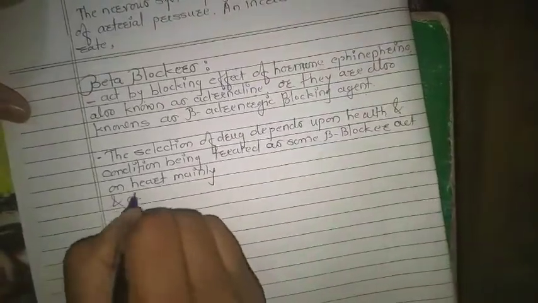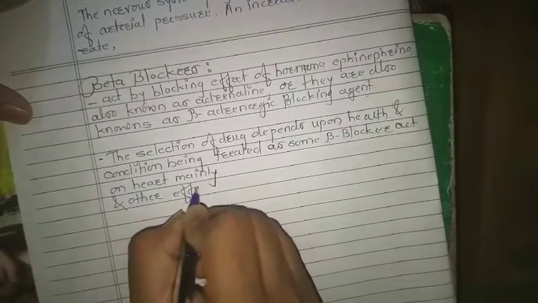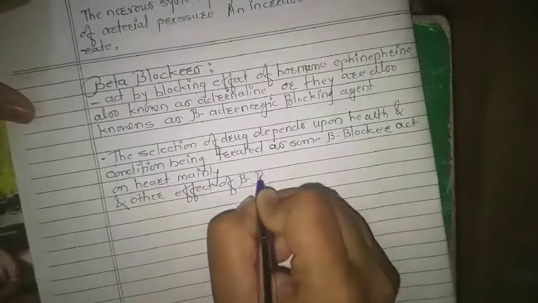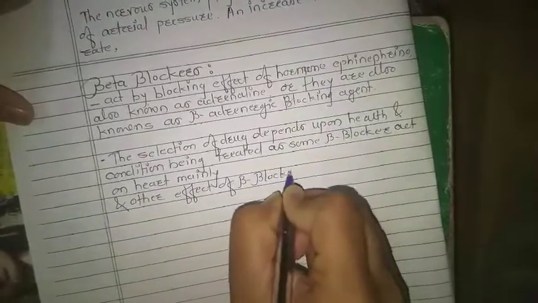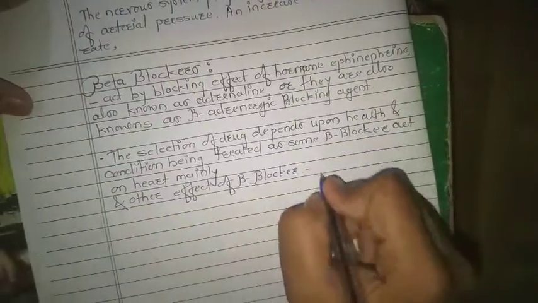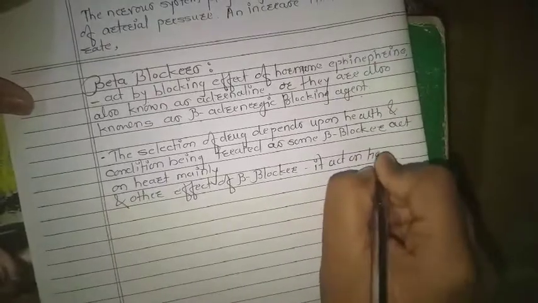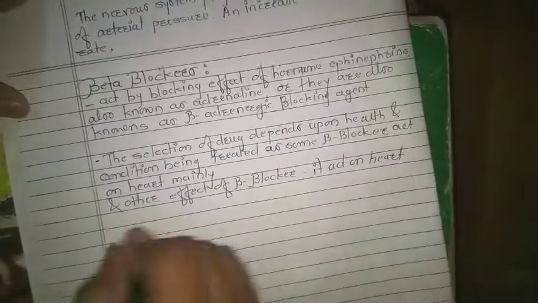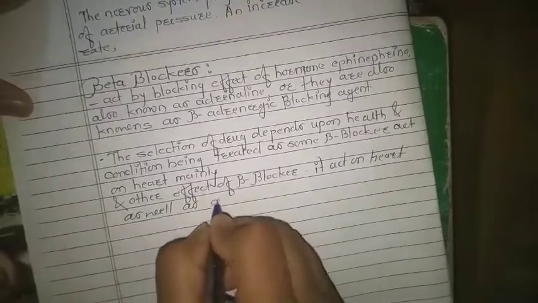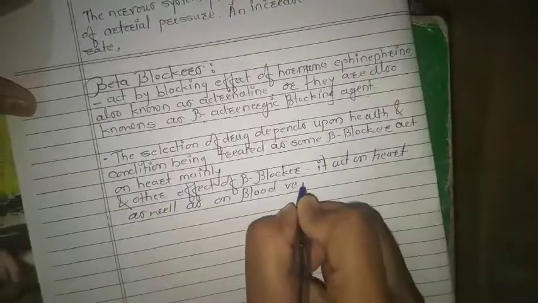And another effect of beta blocker is that it acts on the heart as well as on blood vessels.